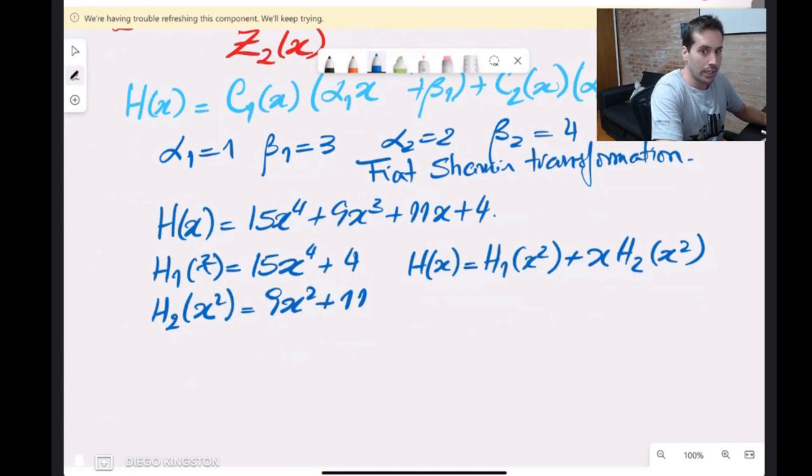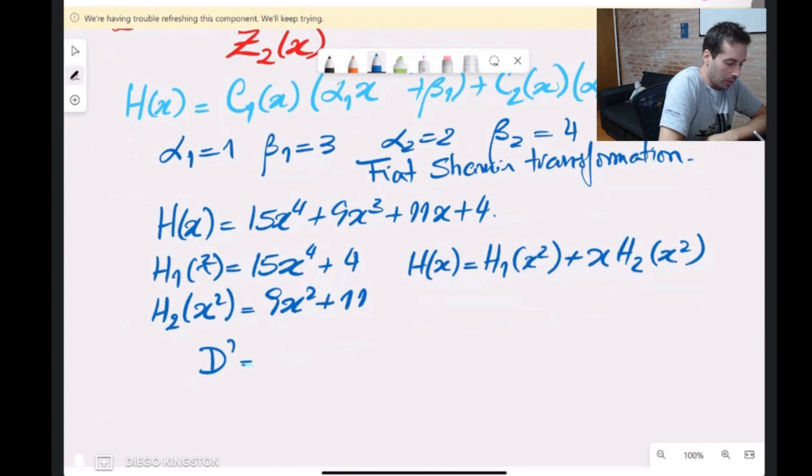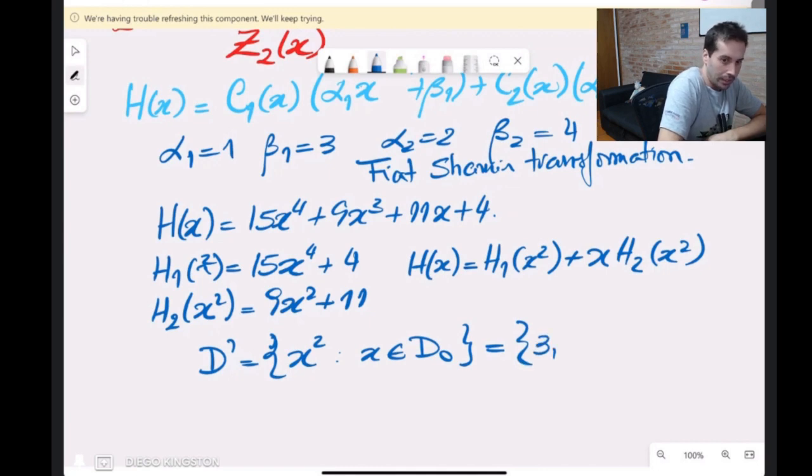And so what we do is, once again, we are going to evaluate it on a domain. The only thing is, now our domain is some D prime, which is simply x squared, so that x belongs to the original D0. And this domain is simply 3, 10, 5, and 11.